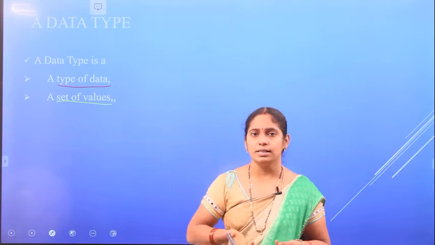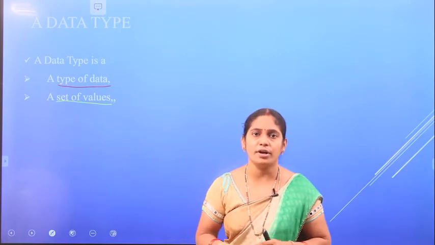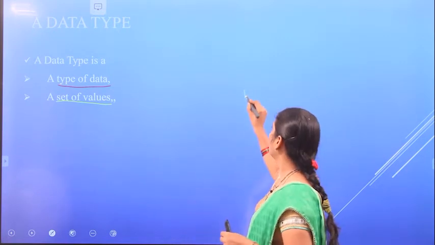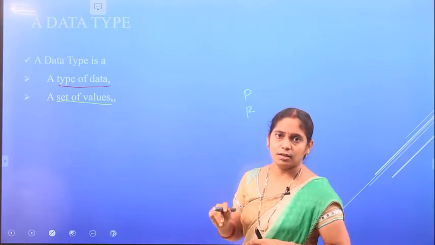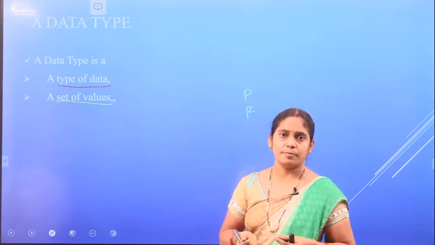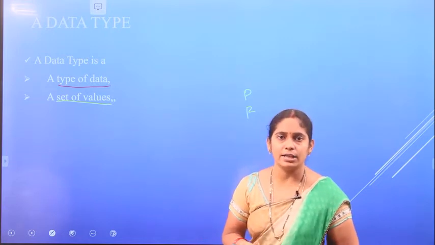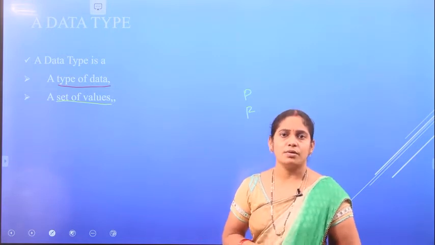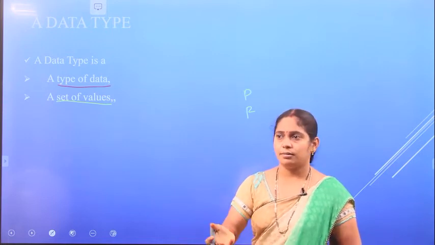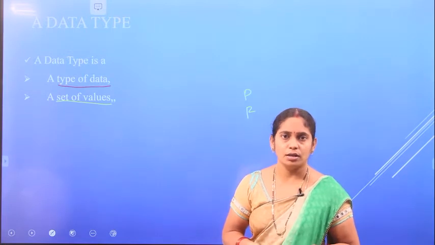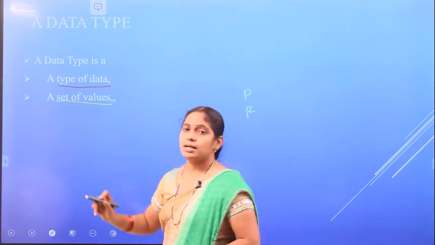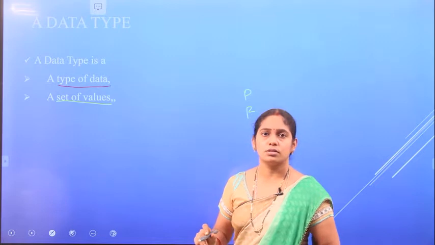While announcing the result, usually we tell pass or fail. P represents pass, F represents fail. So it is a set of characters. While reading the age, it is a set of whole numbers. When representing the weight of a person, it will be in the form of a decimal point. So a data type is nothing but a set of values.